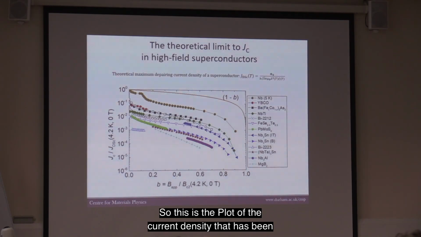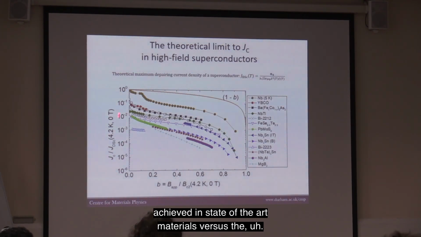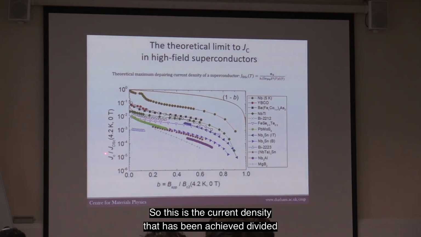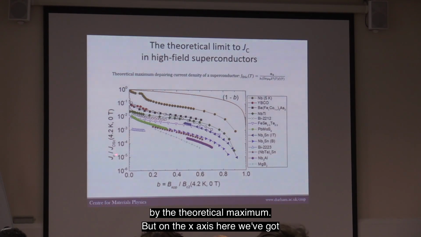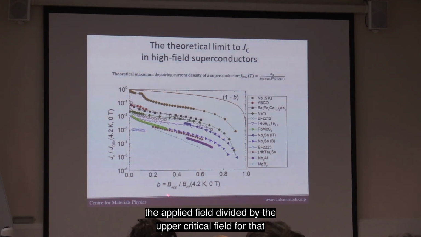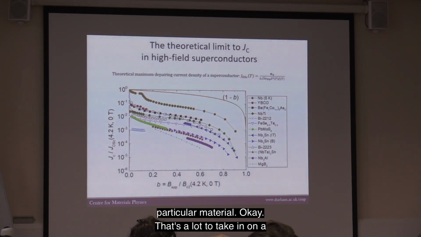This is the plot of the current density that has been achieved in state-of-the-art materials. This is the current density that's been achieved divided by the theoretical maximum, and on the x-axis here we've got the applied field divided by the upper critical field for that particular material.